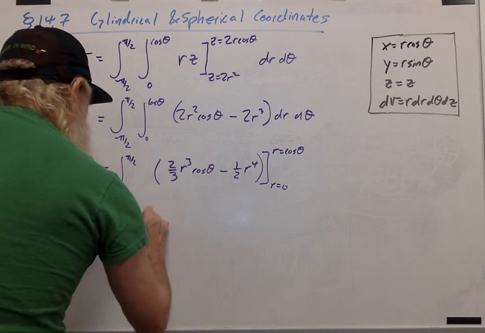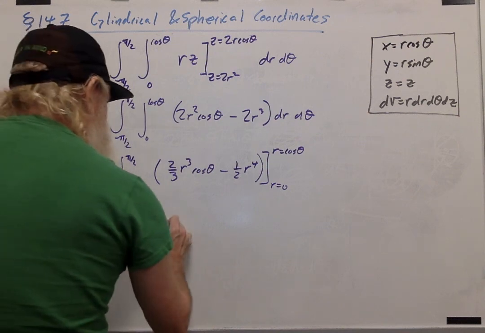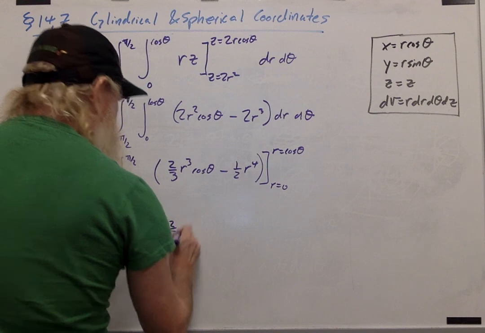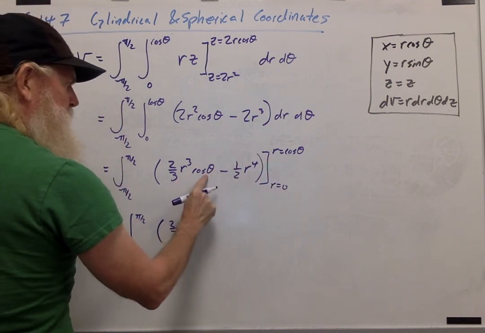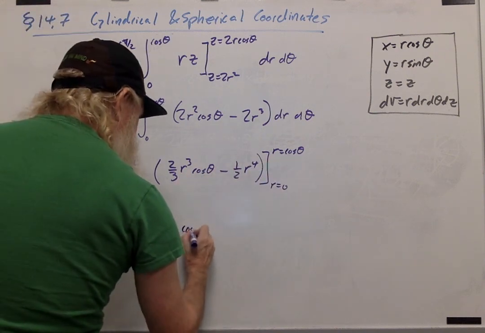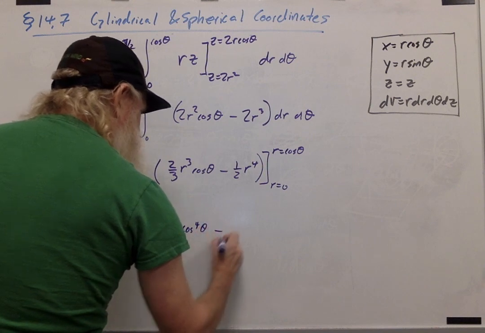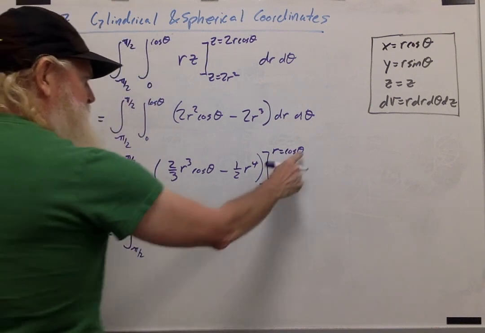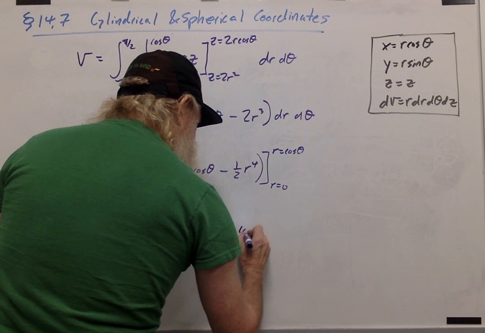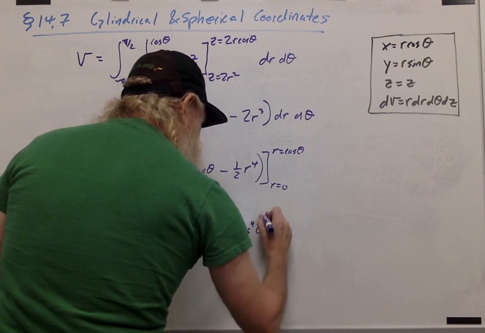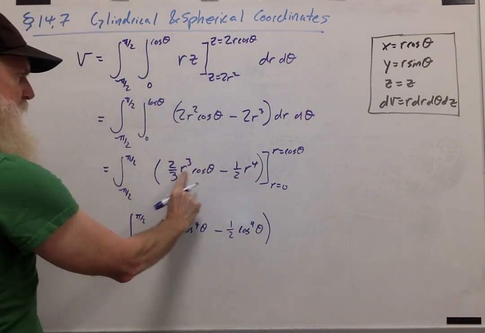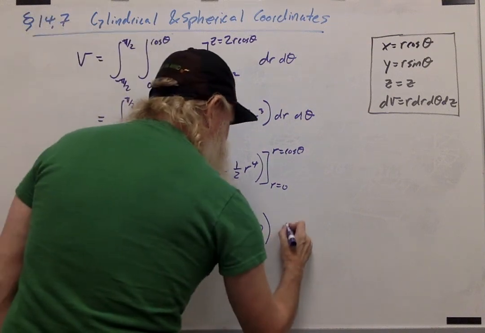Now we're going from negative pi over 2 to pi over 2 of 2/3 cosine cubed times cosine, which is cosine to the 4th theta, minus 1/2 cosine to the 4th theta, minus, notice when I plug in r equals 0, I get 0.